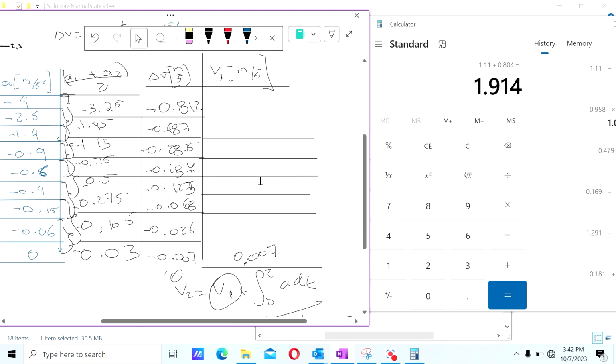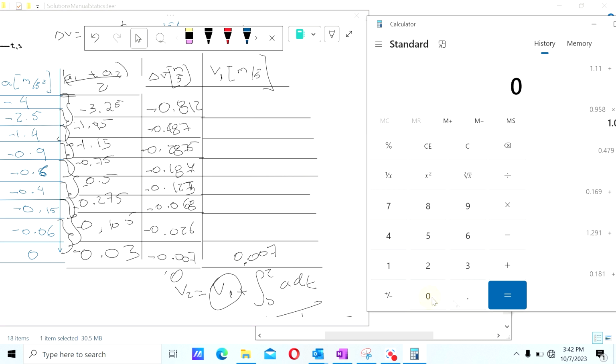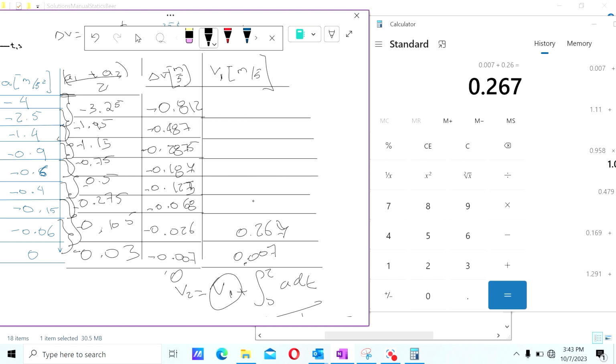All right, the next term, we're going to have to use the calculator again. It's as follows. 0.007 plus 0.26 equals 1.267. Next one is 0.27. This is going to be plus.